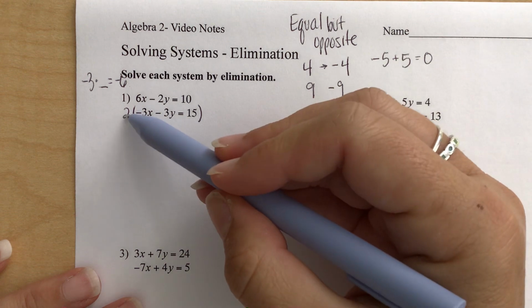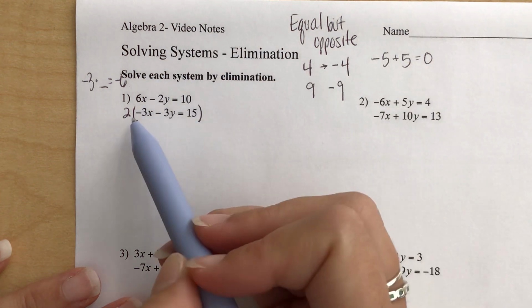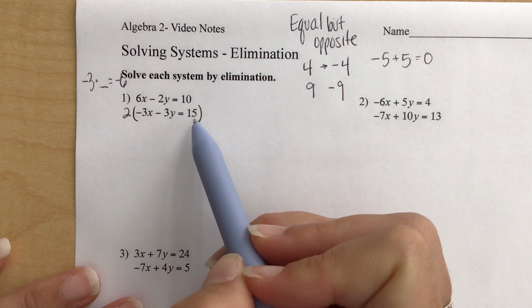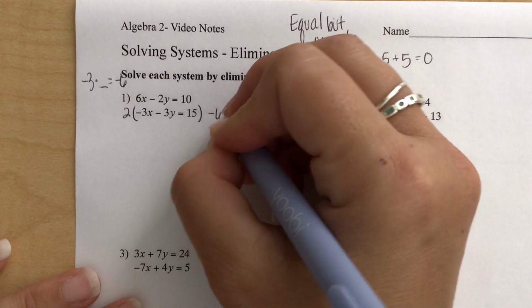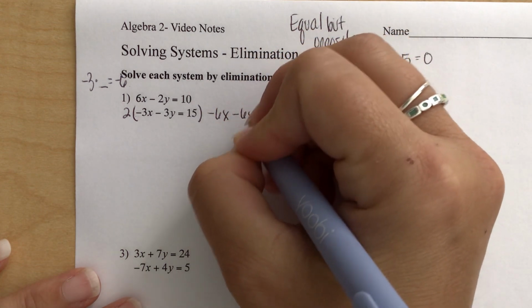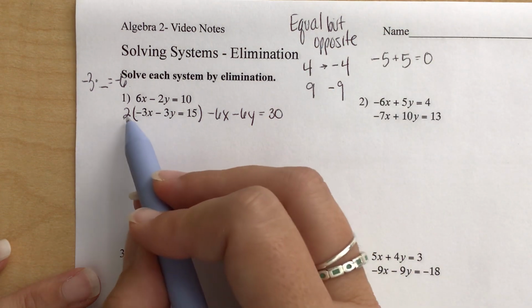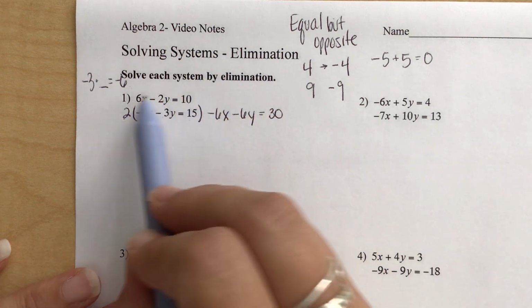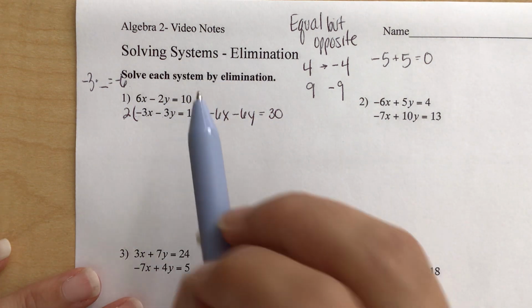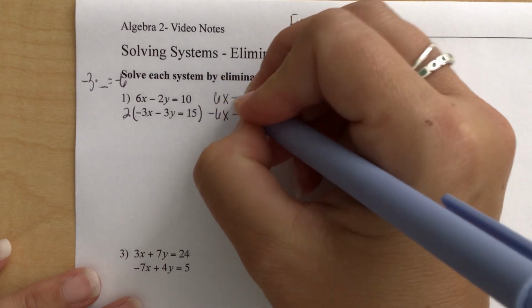So I'm going to multiply the second equation by 2, and I'm going to multiply absolutely everything by that 2. So I have -6x minus 6y equals 30. Again, 2 times -3x, 2 times -3y, 2 times 15. Now, the first equation, I didn't multiply anything, so I am simply going to rewrite that equation exactly how it's written.